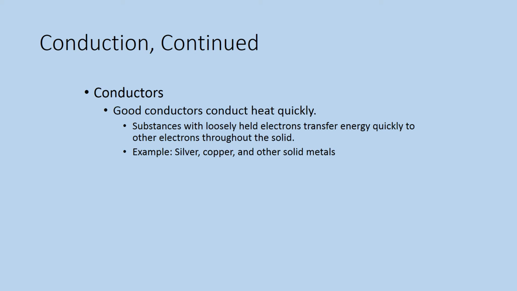Now, the property that makes a good conductor good is that these substances will have loosely held electrons in their orbits around the atoms or the molecules, and they will be able to quickly transfer their kinetic energy to the electrons in the other material that they're in contact with.